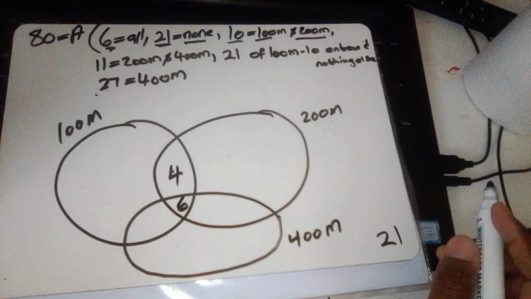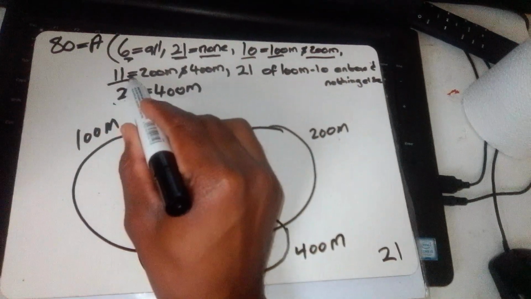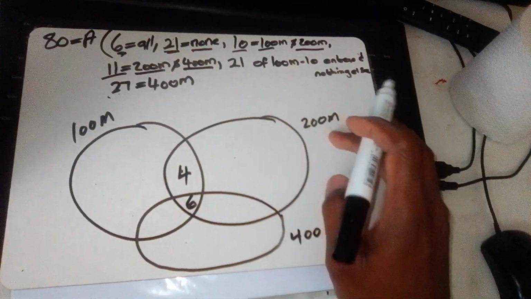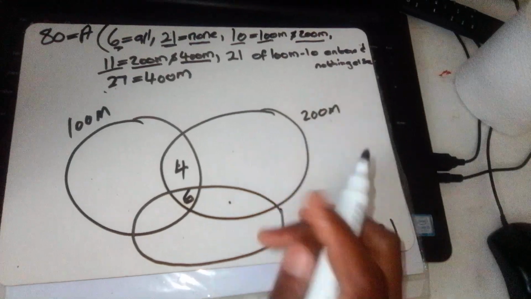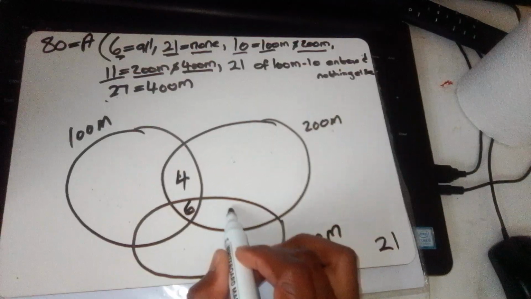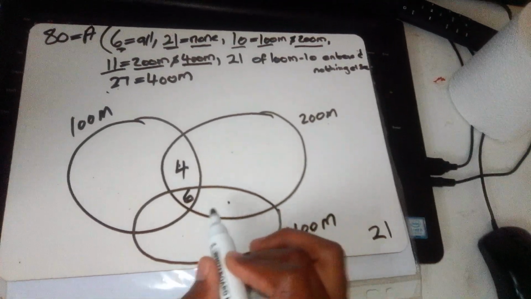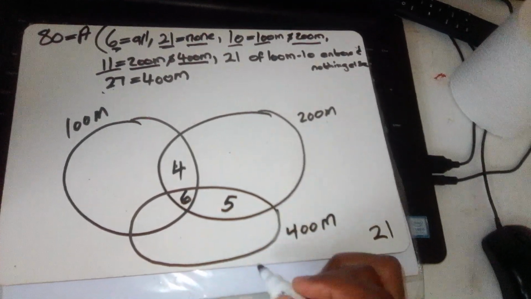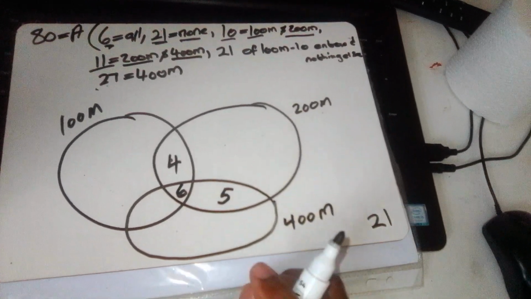And they say 11 entered 200 and 400. The overlap is here. Since we already have 6, we write the remaining here, which is 5, because 11 minus 6 gives us 5. 6 plus 5 is 11.